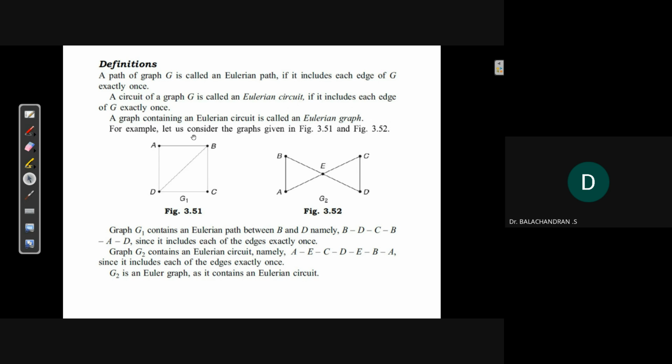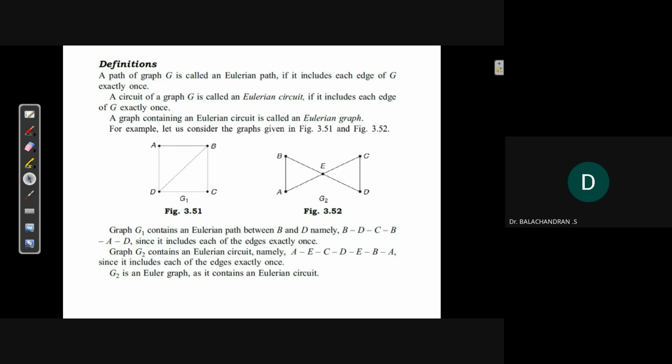For example, let us consider the graphs given in 3.51 and 3.52. The graph G1 contains an Eulerian path between B and D. In a path, the starting and ending vertices are different, but it covers all the edges: B, D, C, then again B, then A and D. A vertex may be repeated, edges should not be repeated.